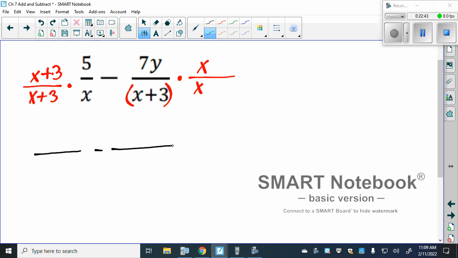Now we can multiply them because we do have the same denominators. The one on the right is going to be x times x plus 3. And the other denominator is going to be x times x plus 3. Now, you're probably wondering why we don't multiply out the x times x plus 3 and get x squared plus 3x.